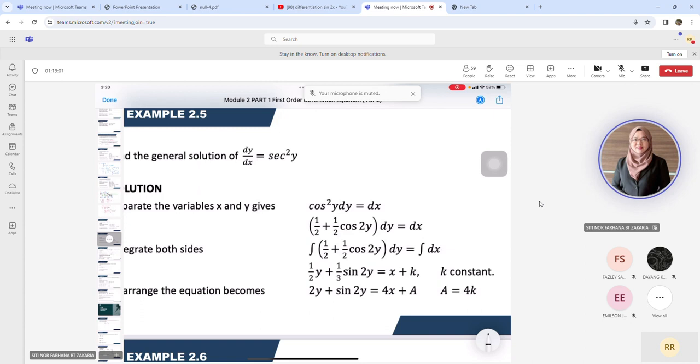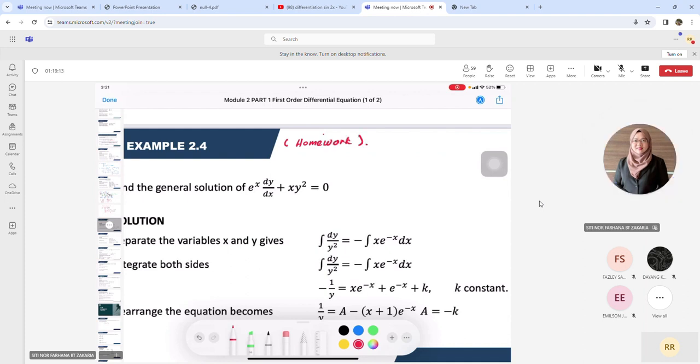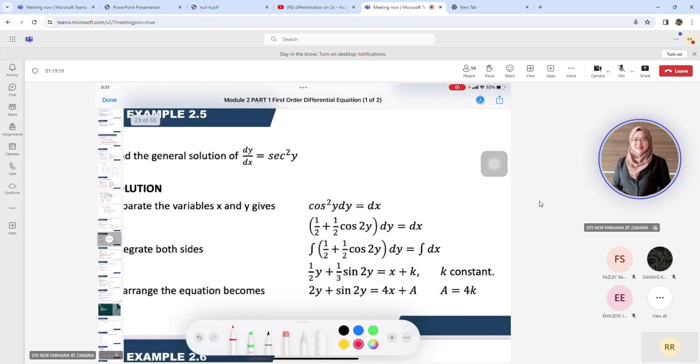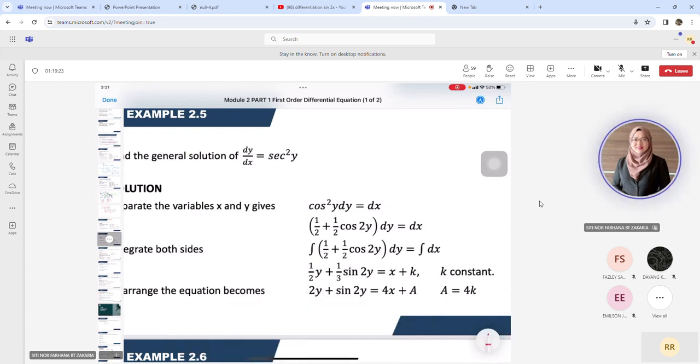Okay. So, since next week we don't have class, make this one as your homework. Provide me a full solution. Walaupun dah ada solution dekat sini, the solution I gave is I already simplify it. But I want you to provide me the full one.